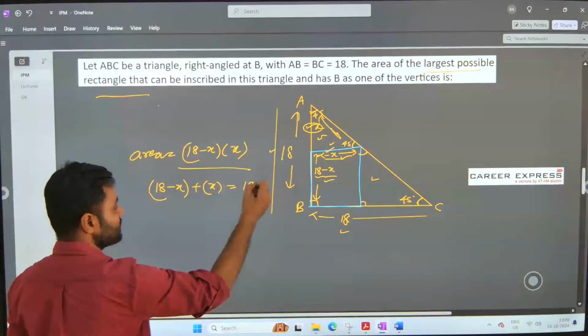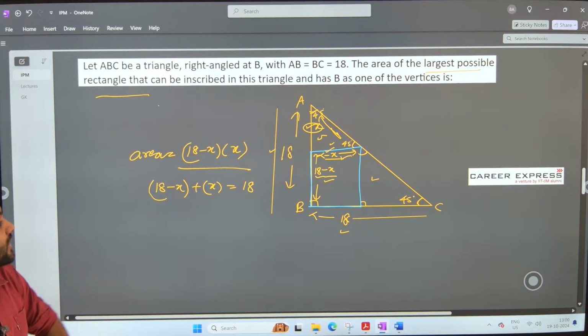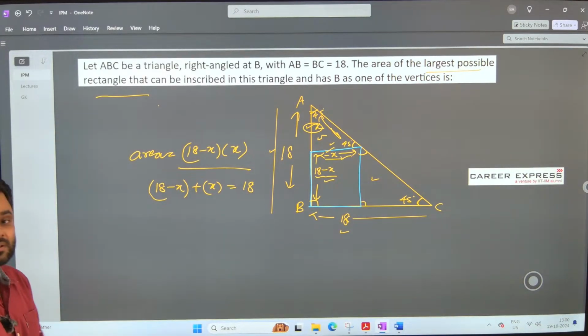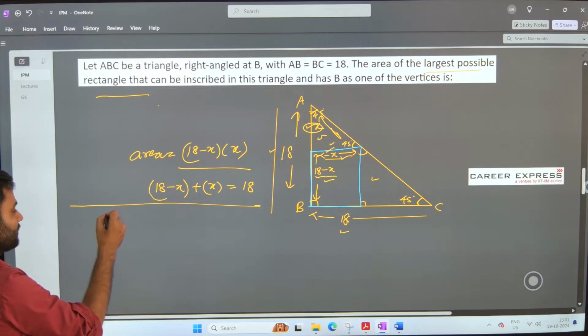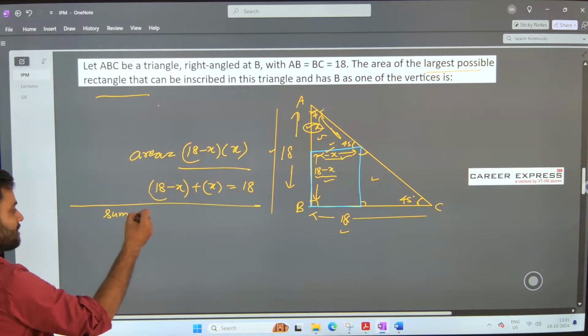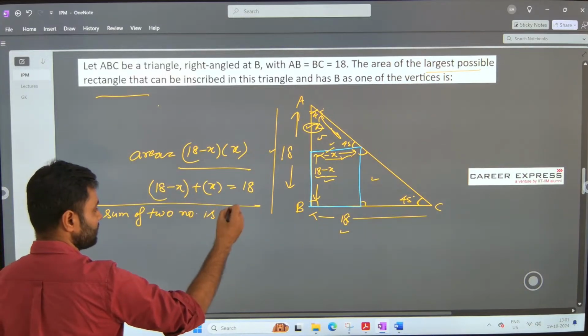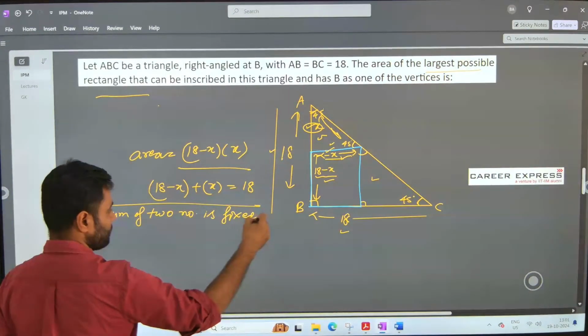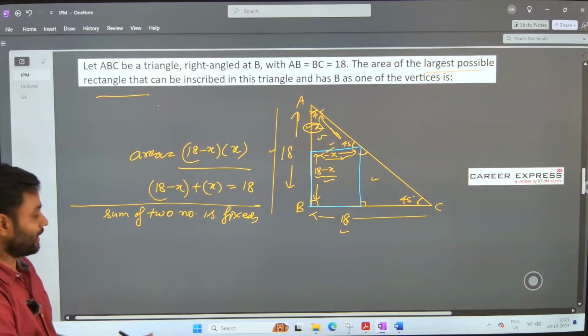So the sum of these two is always 18. The sum of the two sides of the rectangle is always 18. That means the sum of two numbers is fixed. We need to find the case in which their product will be maximum.